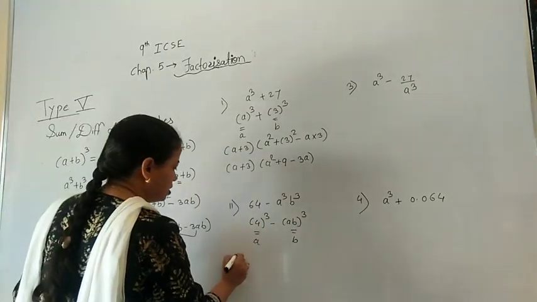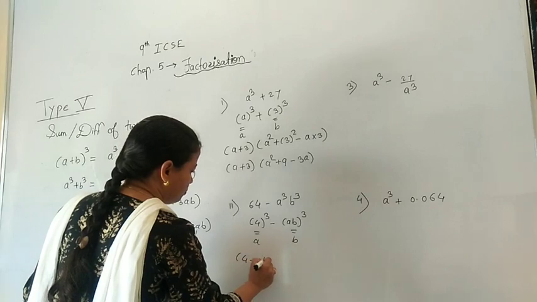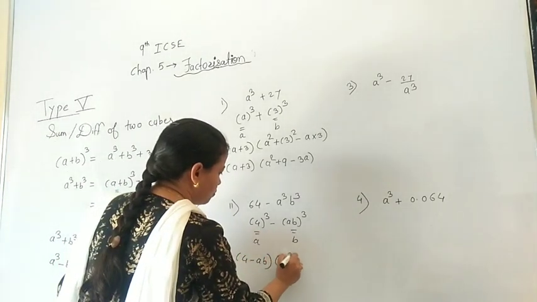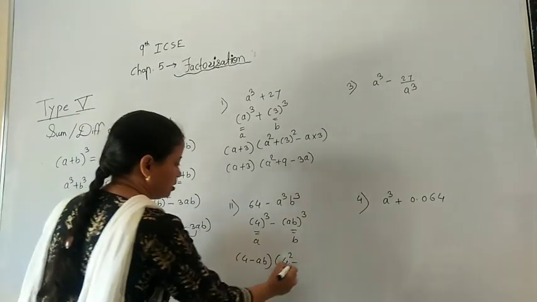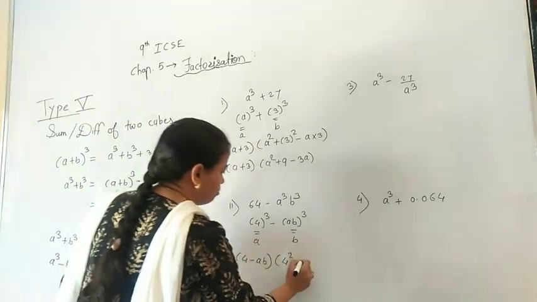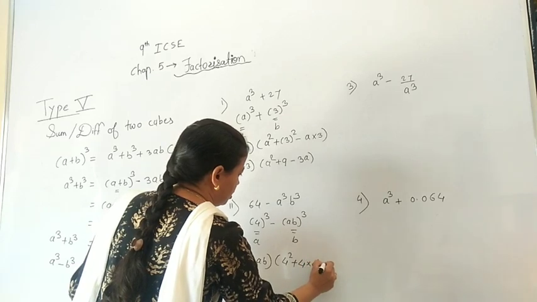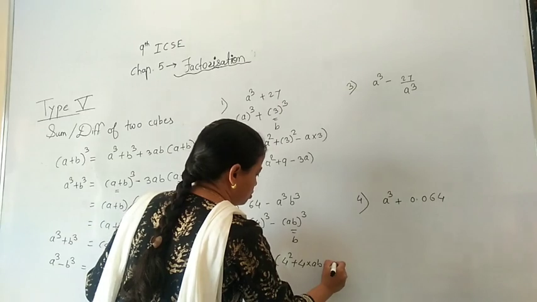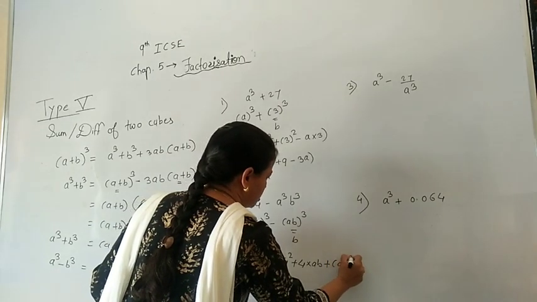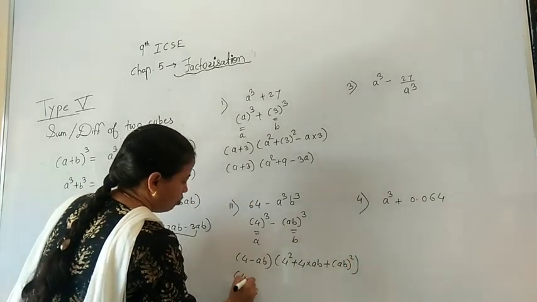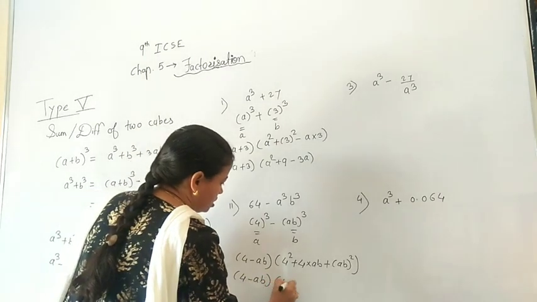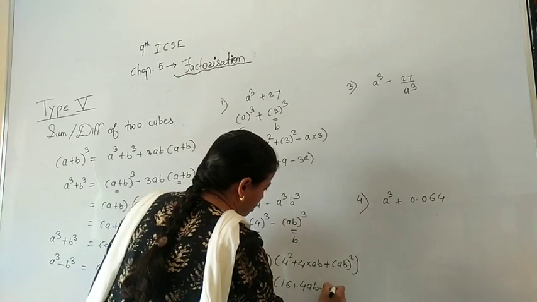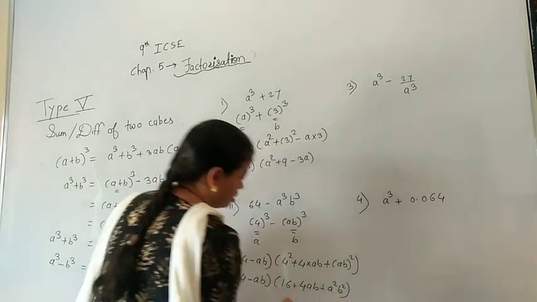So a minus b means 4 minus ab. a square means 4 square, plus ab means 4 into ab, and plus b square. b means ab, so ab square. 4 minus ab, 16, here 4ab, and a square b square.